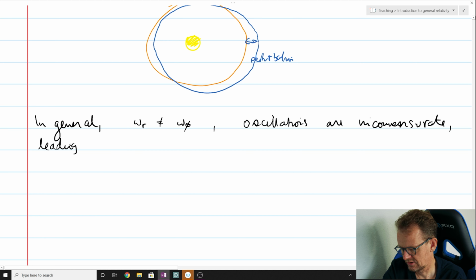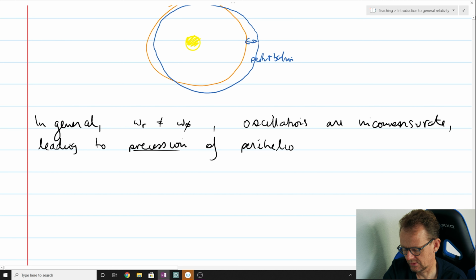And we get a precession of perihelia and aphelia. So perihelion and aphelion are the places where the orbit is closest and furthest from the celestial body.